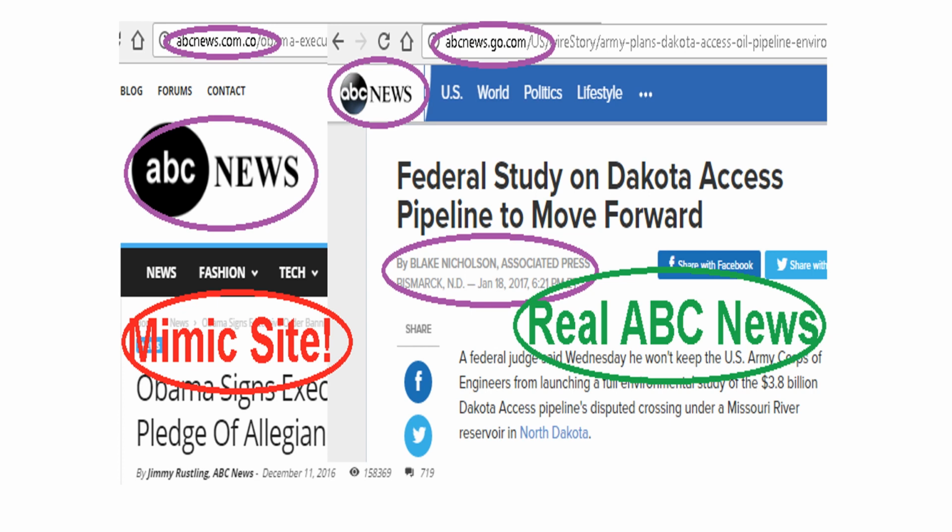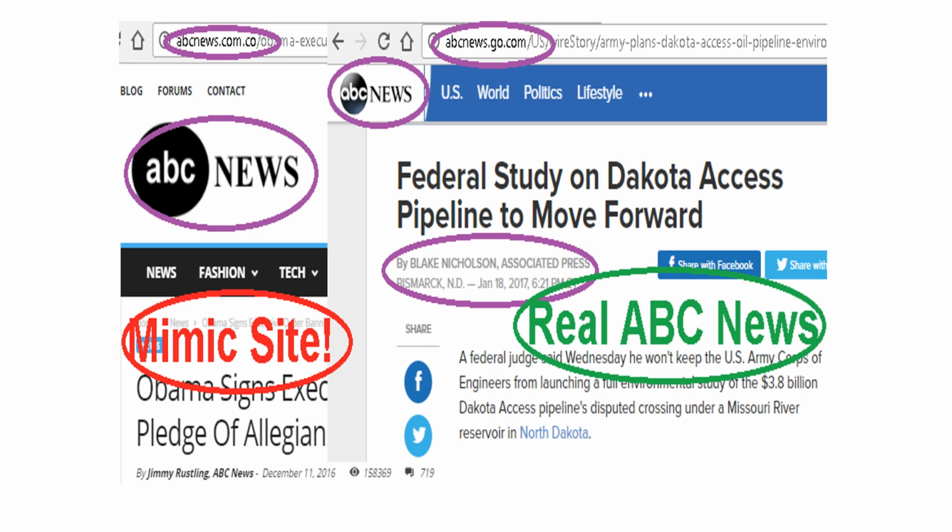This is an example of a fake news source. As you can see here, this is abcnews.com.co. This is the mimic site, a site that is not true.